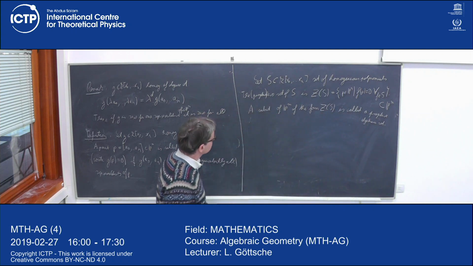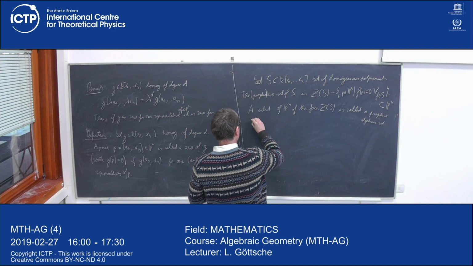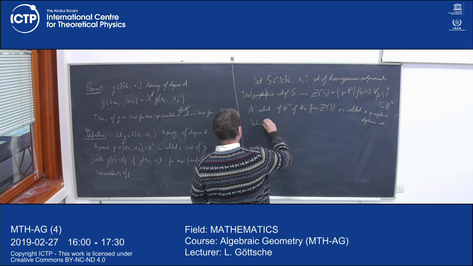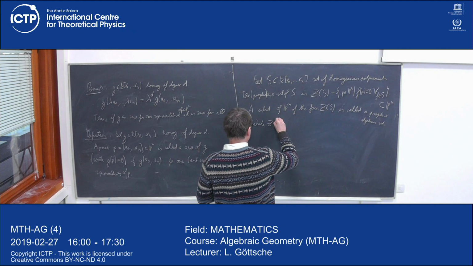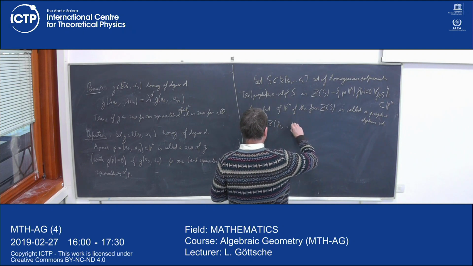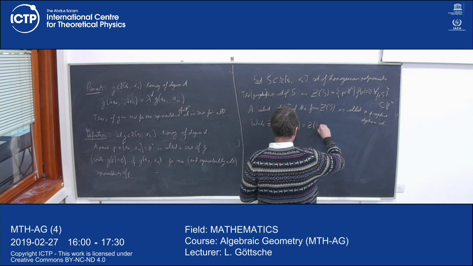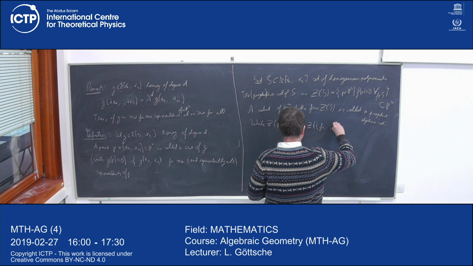Again, I will write Z(f1, ..., fr) instead of Z of the set {f1, ..., fr}, as I also did before.